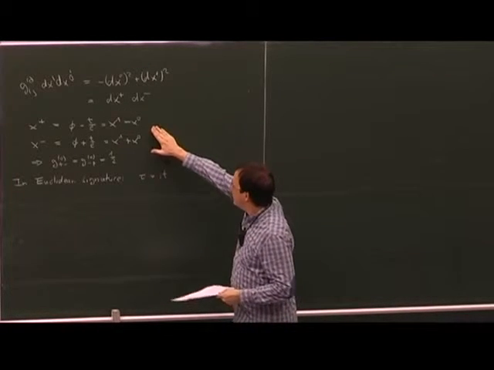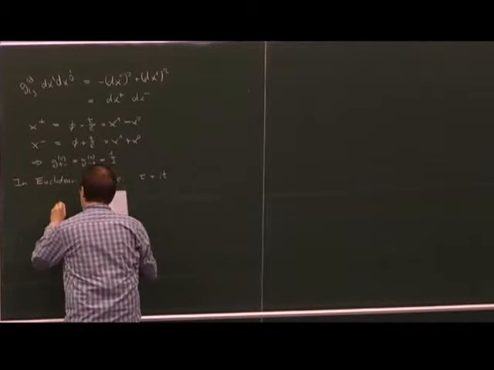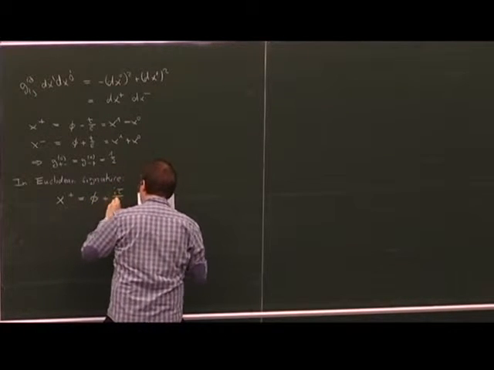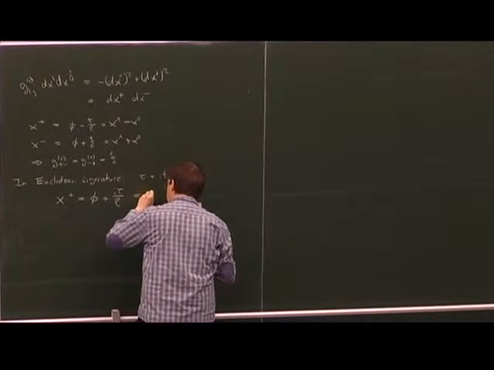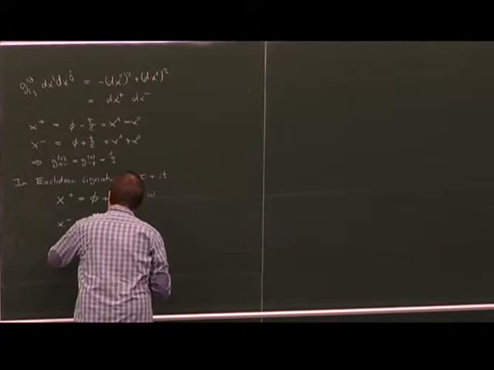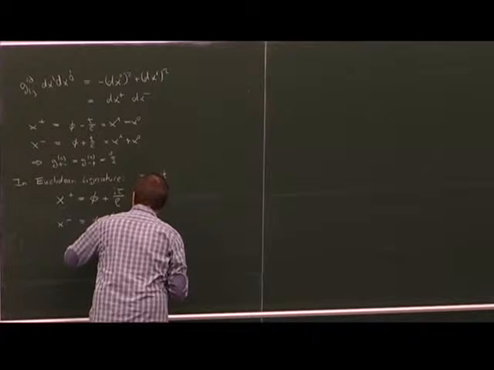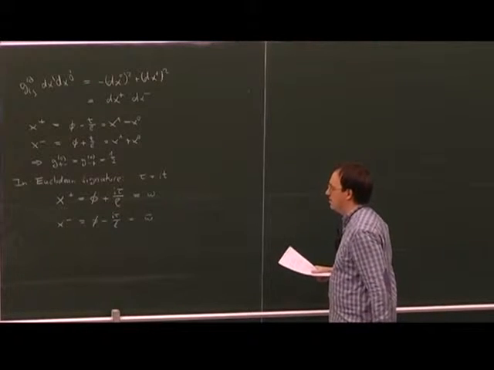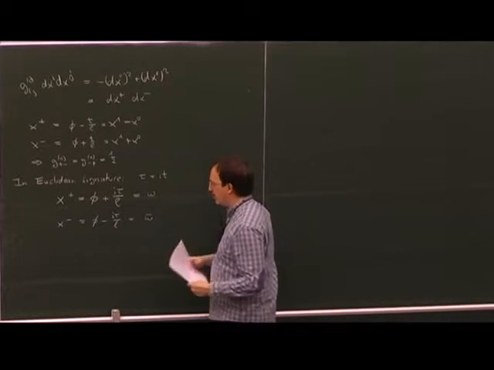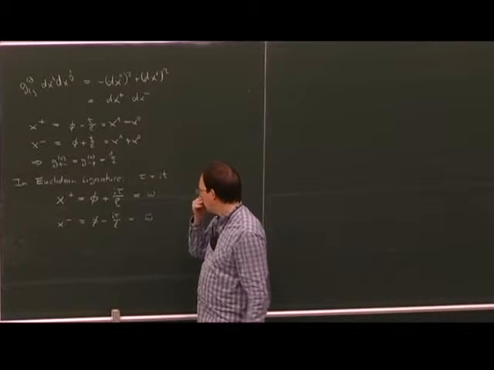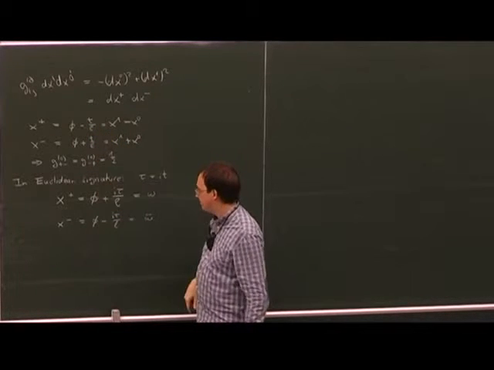If I put this back in here, then x plus is now phi plus i tau divided by L, and this is what I will call w, and x minus is phi minus i tau divided by L, which is just the complex conjugate. I wanted to identify x plus with w and x minus with w bar, and so this explains this sign convention. Good.